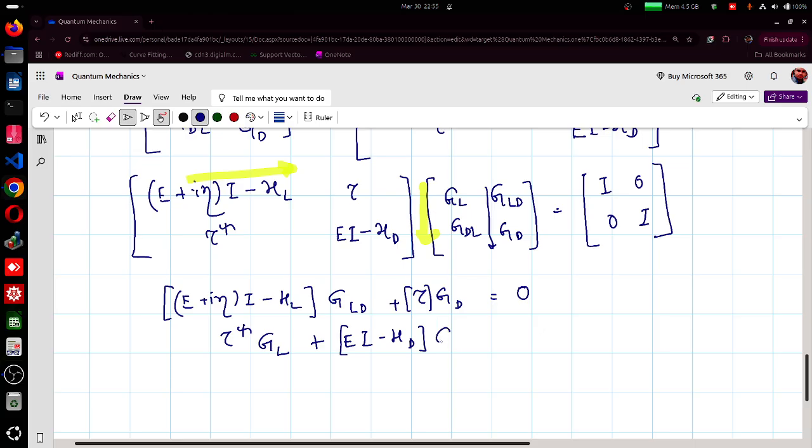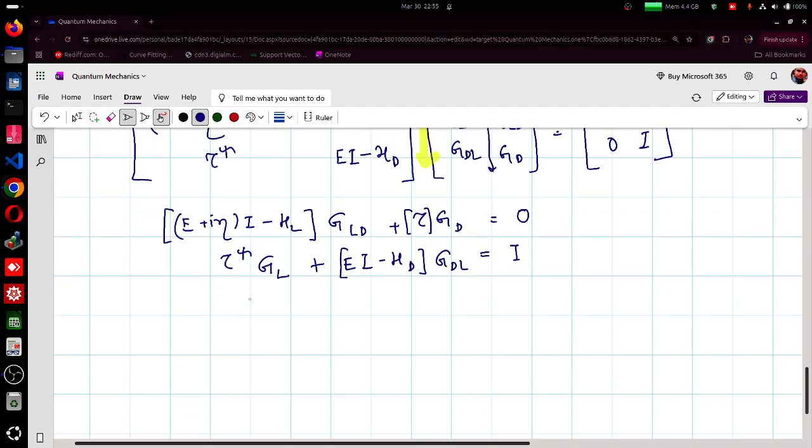So this is GDL equal to nothing but pi. From this equation, let us write this to be 3, this to be 4.